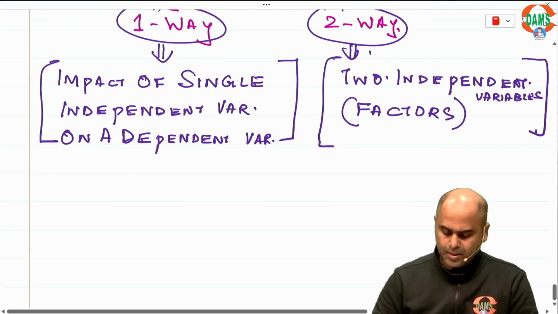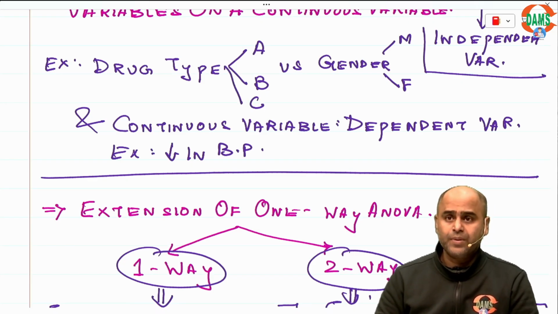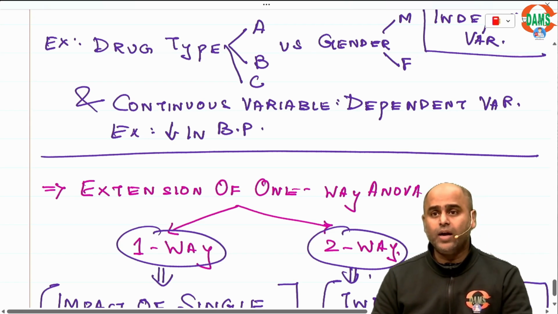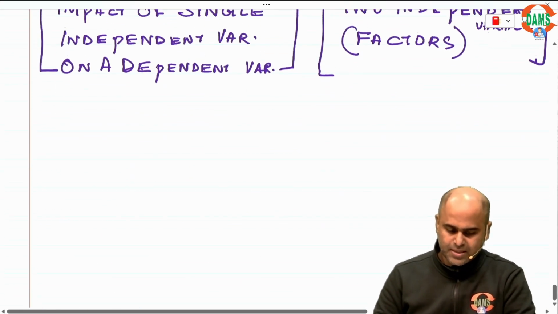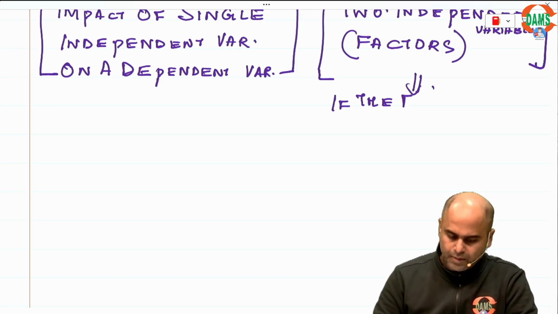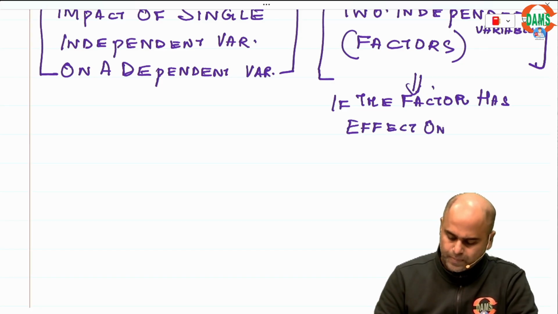Like in the example above, the type of therapy, suppose A, B, C, and gender male and female, these all are called factors. Yes. So basically over here we are trying to see if the factor has any impact, has an effect on the dependent variable.